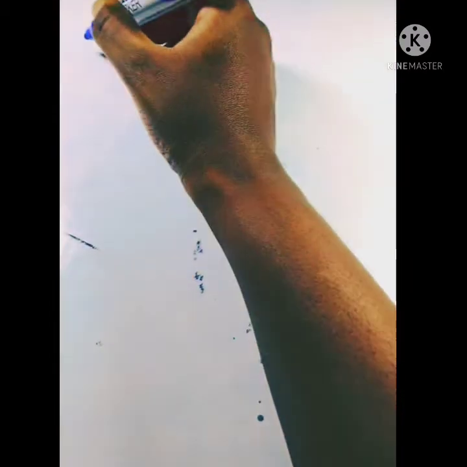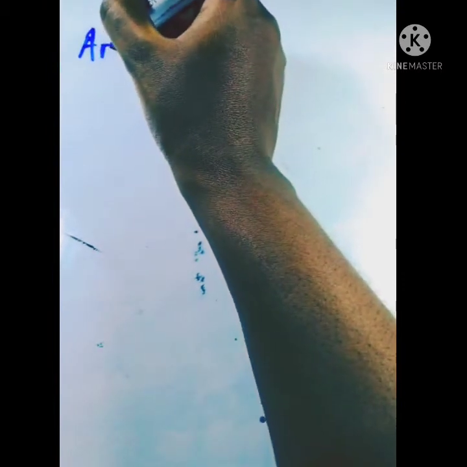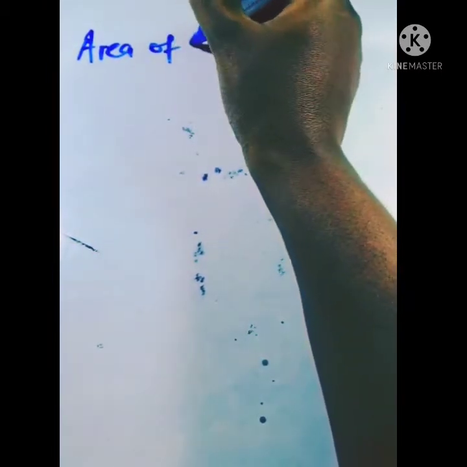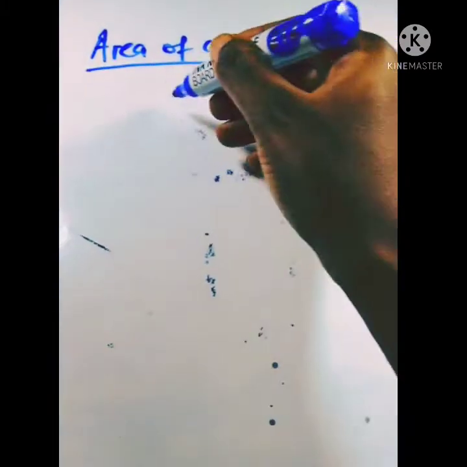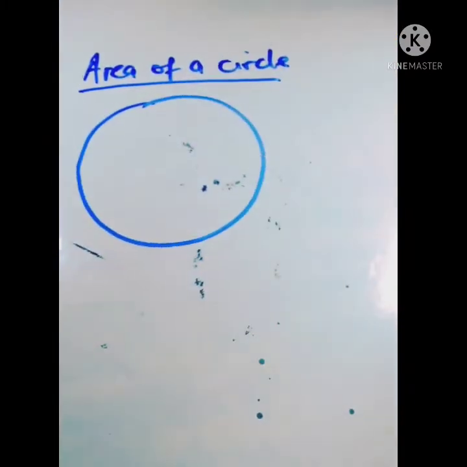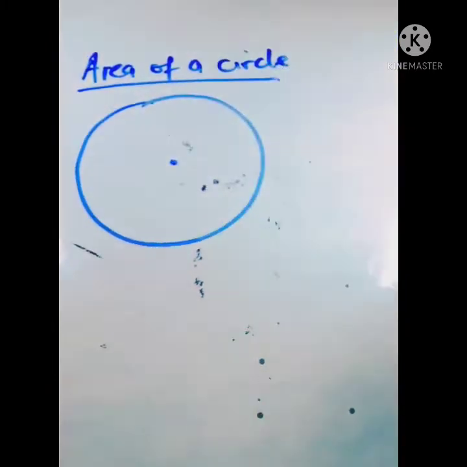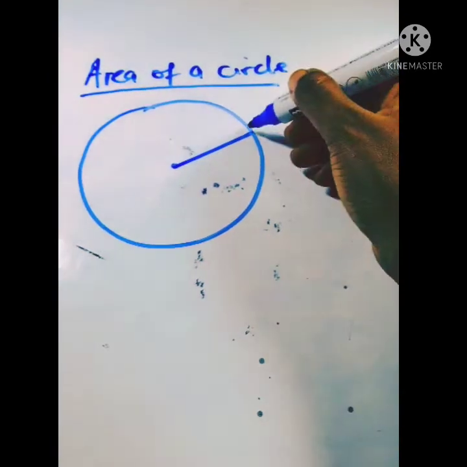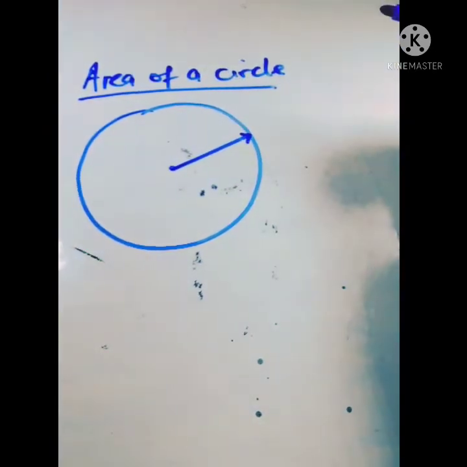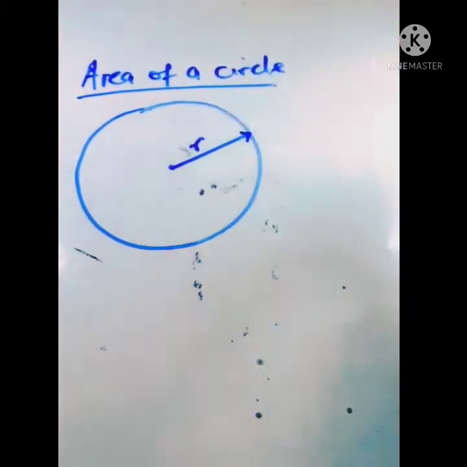So now we're going to find the area of a circle. Now this is a big circle, and this is the center of our circle. The distance from the center to the circumference of the circle is known as our radius.